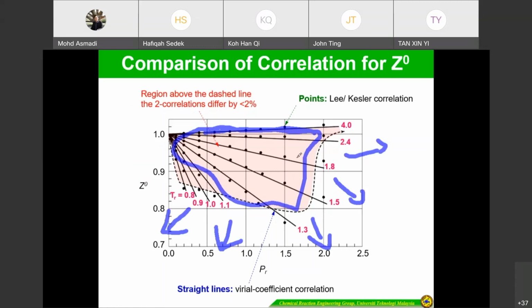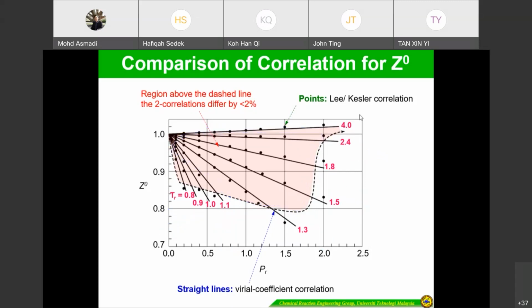So this is what you have to consider. Actually you cannot just simply observe the pressure. If it is 15 bar, we still consider that a moderate pressure, but 20 or 50 bar is already high pressure. You cannot use the virial equation.